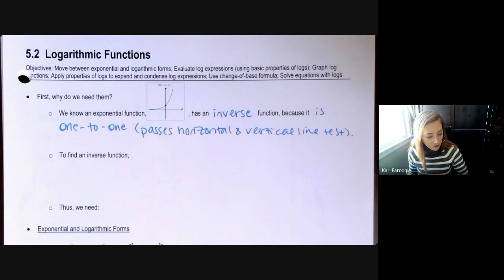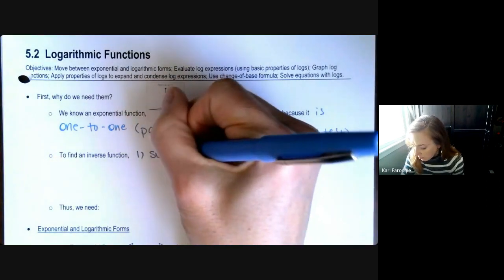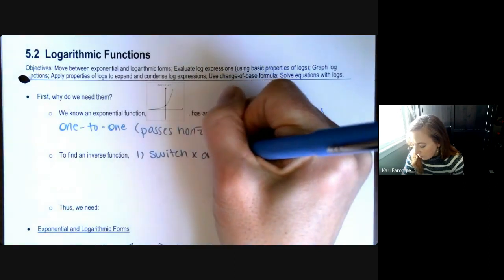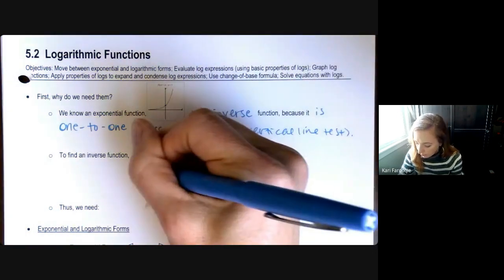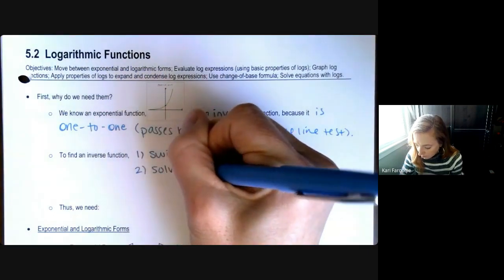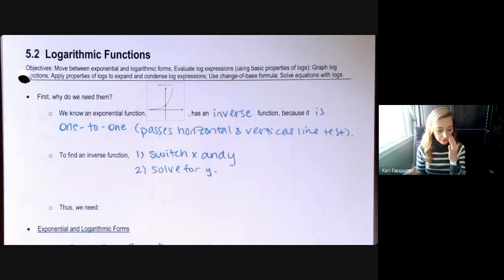To find the inverse function, you should have done this in algebra, but I'm going to remind you how to do this now. You're going to, 1, switch x and y. 2, solve for y. This is the way that you would find any inverse function, and we're going to do this for exponential and logarithms.